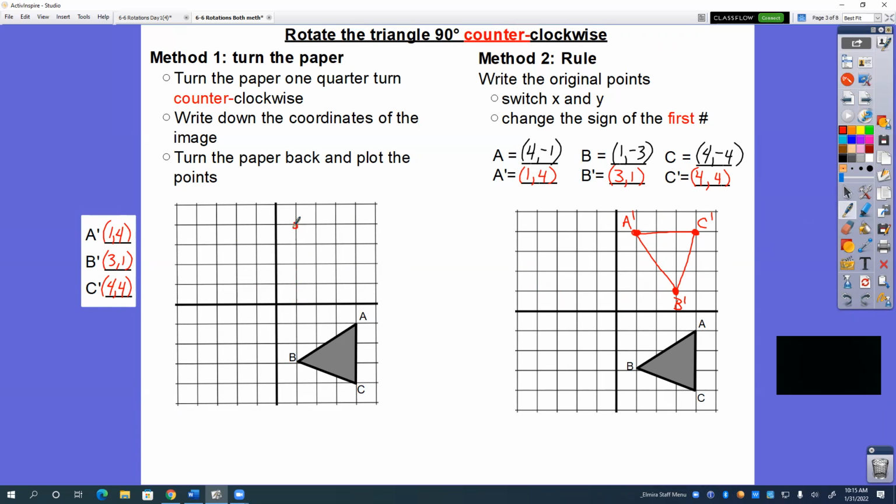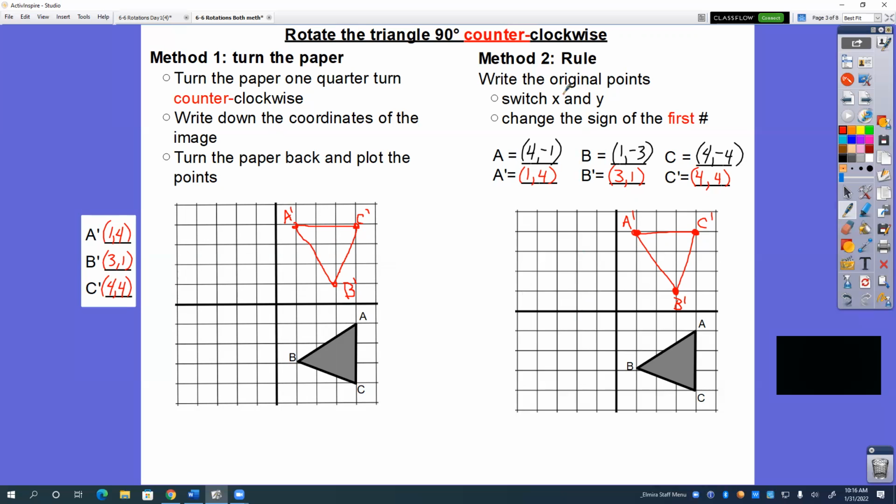So 1, 4 is A prime, 3, positive 1 is B prime, and 4, positive 4 would be C prime. Okay, so there's our new image after it's been rotated 90 degrees counterclockwise with method number 1.